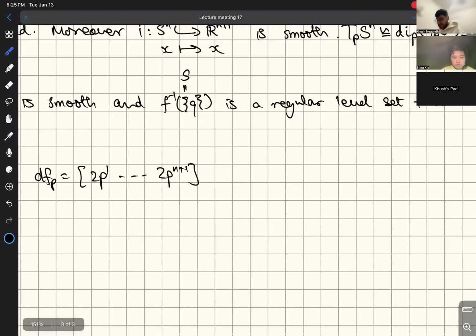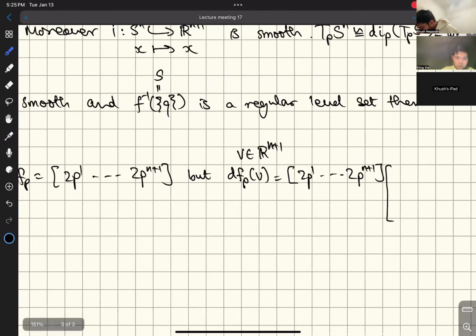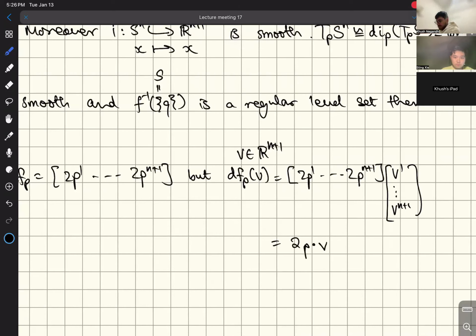But if we write this out, df_p of v, where v is in R^(n+1), is nothing but 2 times the dot product of p and v, because I get p_1 times v_1 plus and so on up to p_{n+1} times v_{n+1}.